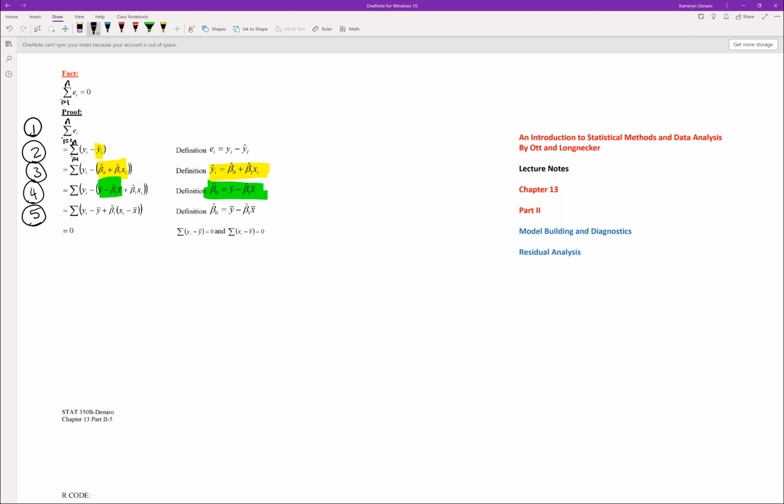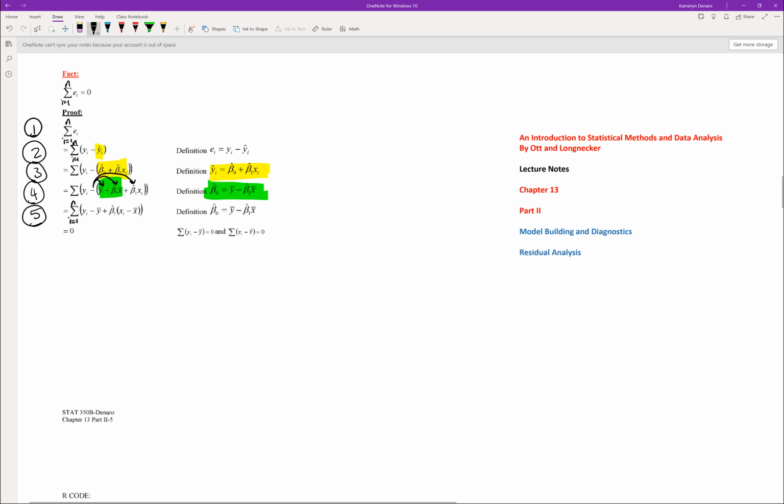Okay, so I get the summation i equals 1 to n of our y_i. Essentially, now I'm going to just distribute this negative sign to each piece. It is negative y bar plus beta 1 hat, and then I'm factoring out the x_i minus the x bar.